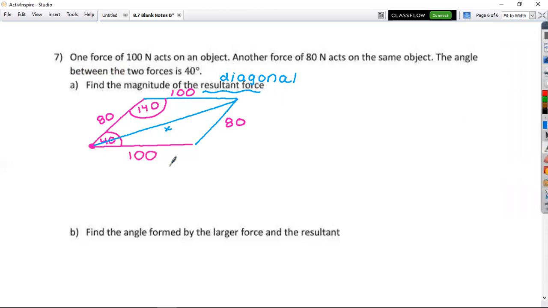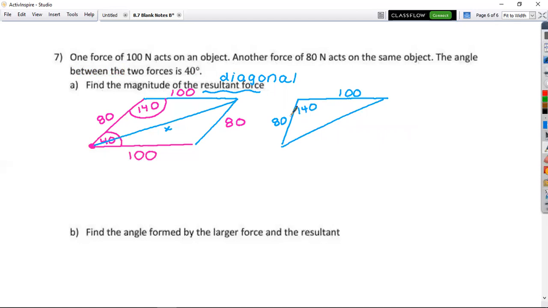So right there. Again, if it helps you to consolidate this a bit, you can pull off just one of those triangles and you're going to choose one of your rules to solve for the resultant force. All right, so this is equivalent to 80, 100, 140.